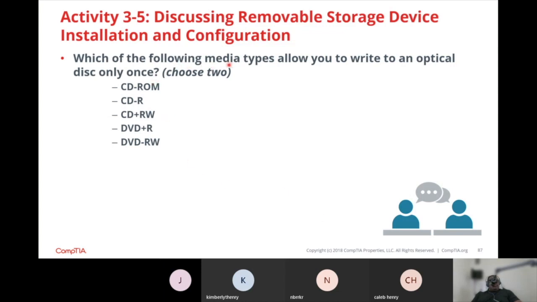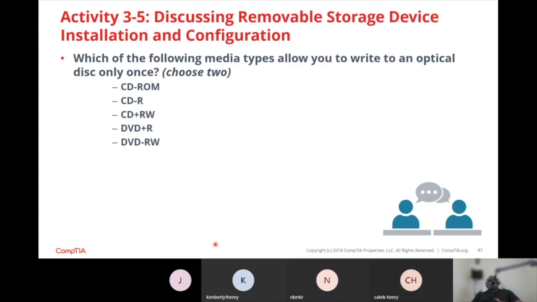Which of the following media types allow you to write to an optical disc only once? CDR. Mm-hmm. ROM. No, CD what? CDR. And what's the other one? CDRW. Oh, DVD. DVD-R.